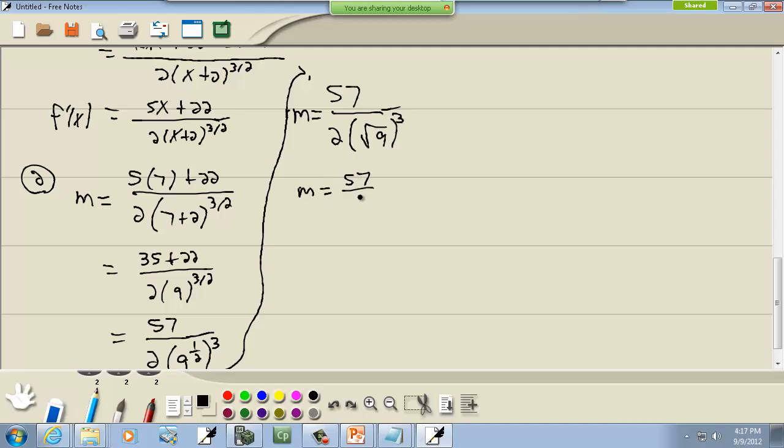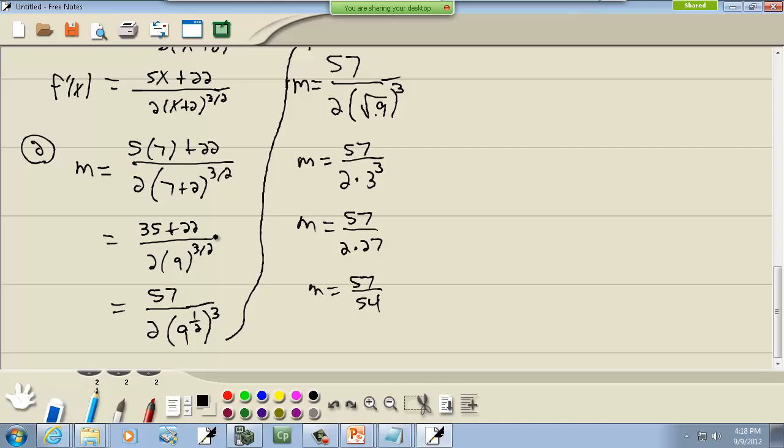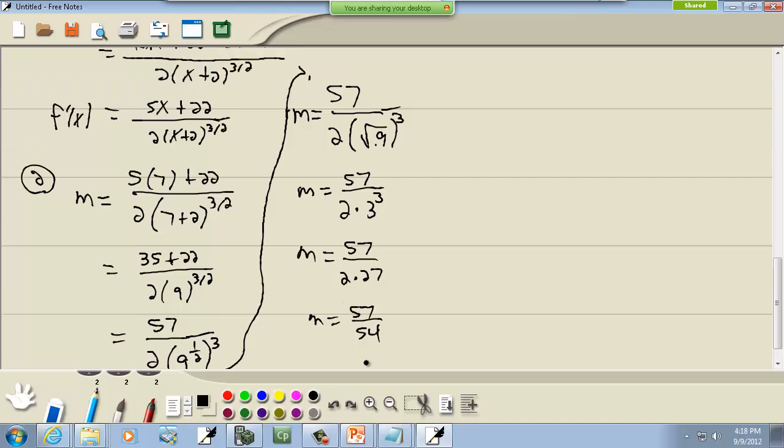Now square root of 9 is 3, so we got 2 times 3 to the 3rd. 3 to the 3rd is 27. So we got 57 over 54 for our m, assuming I didn't make a math error. Let's see, square root of 9 is 3, 27, 54. No, it looks right. Okay.